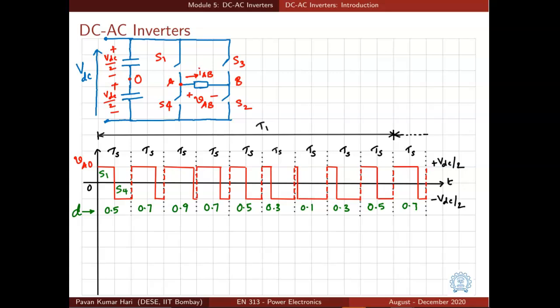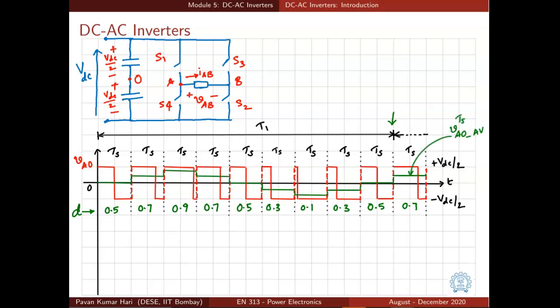The intervals up to this point sum up to a duration of capital T1, and this pattern keeps repeating. The pattern of pulses having these kinds of duty ratios keeps repeating over an interval of capital T1.